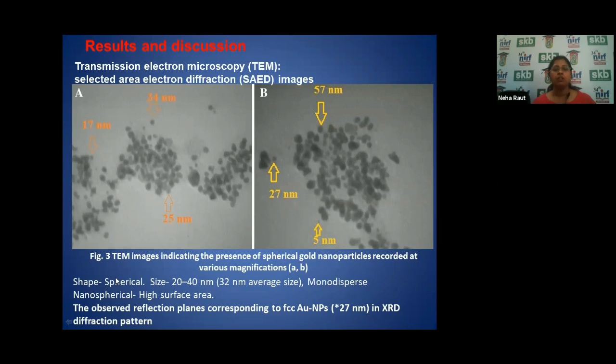These nanospheres have a high surface area, and the observed reflection planes correspond to FCC, that is face-centered cubic gold nanoparticle, around 27 nanometer in the XRD diffraction pattern. So it resembles the XRD results also. It gives us a confirmation regarding the shape, that is spherical, size 20 to 40 nanometer.